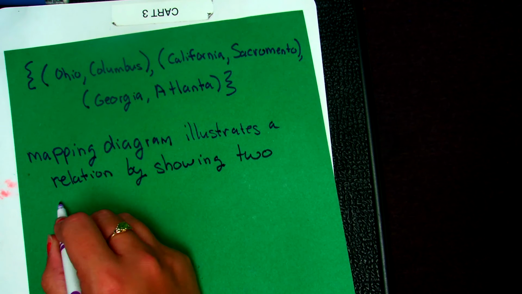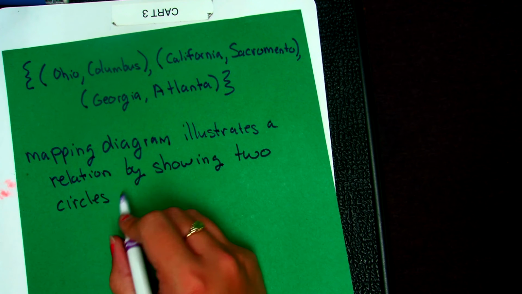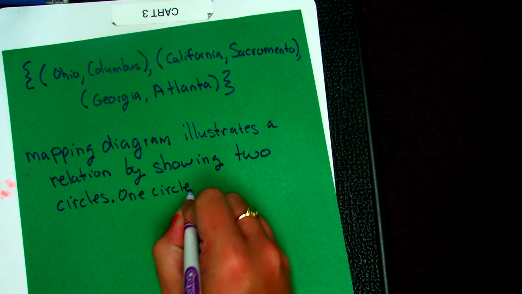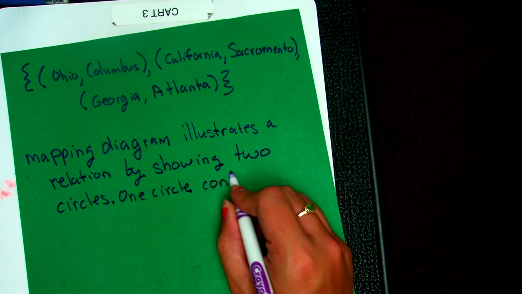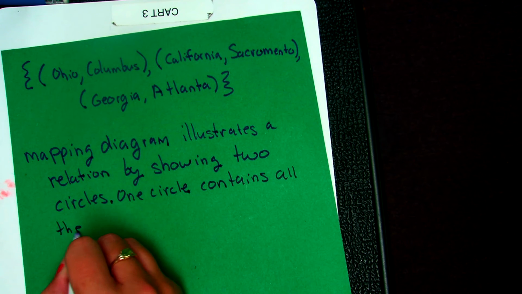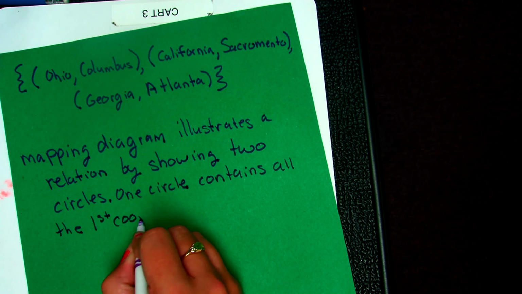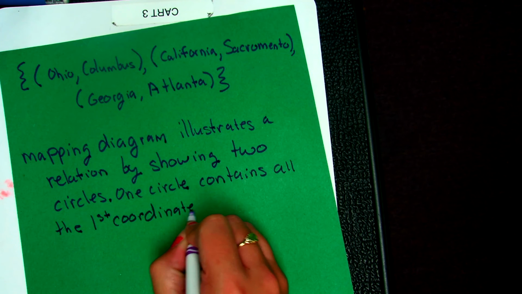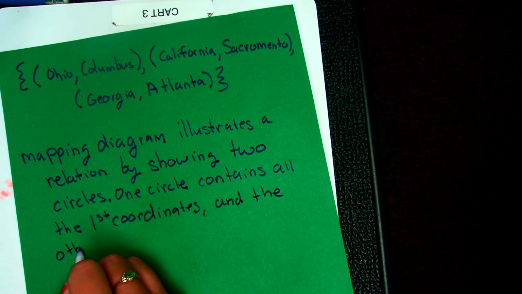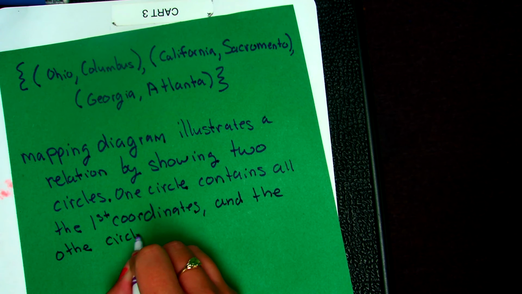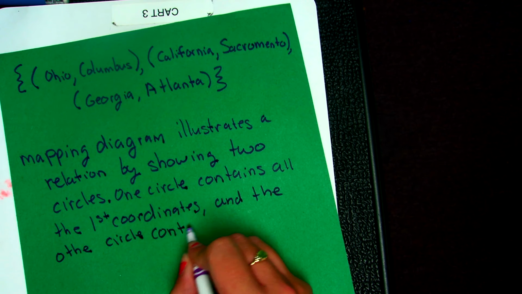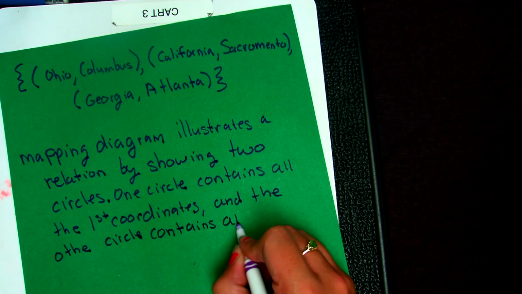One circle contains all the first coordinates, the x coordinates, if you will, and the other circle contains all the second coordinates, or the y coordinates, if you will.